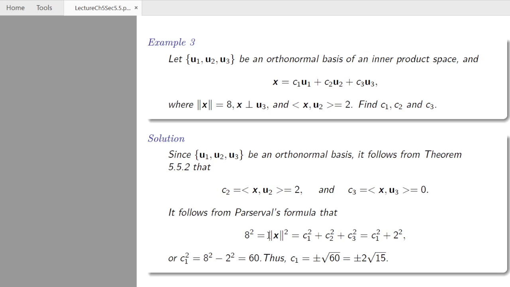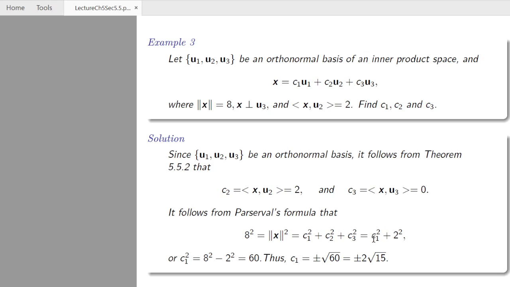The length of x is the square root of the sum of the coefficients squared, so this square equals C1 squared plus C2 squared plus C3 squared, based on Corollary 5.5.4, that's Parseval's formula. We just said C2 equals 2, so that's this term. And then C3 is 0, so we get C1 squared plus 2 squared.